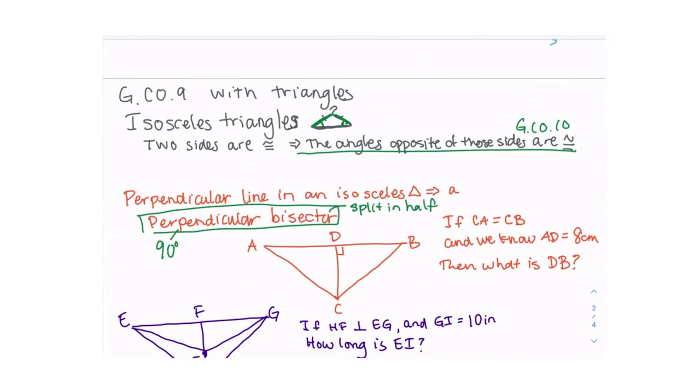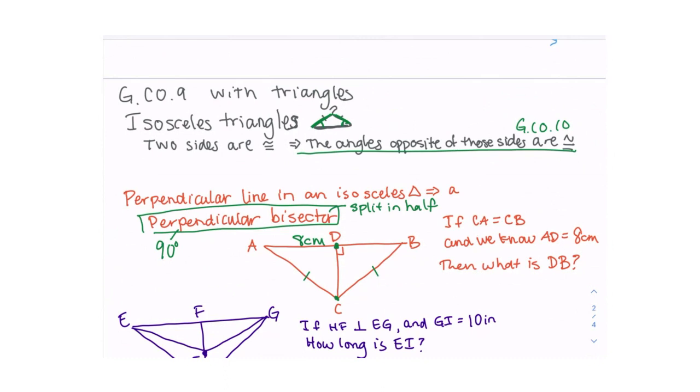So if I had an isosceles triangle and we knew that CD was the perpendicular bisector, and if I knew that CA was equal to CB and AD was 8 centimeters, then how long is DB? Bisector means split in half.